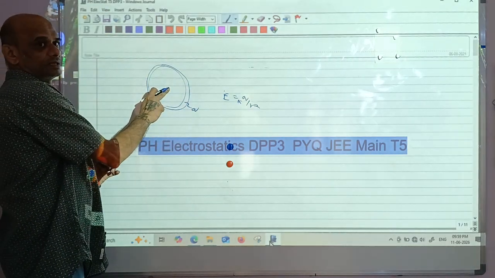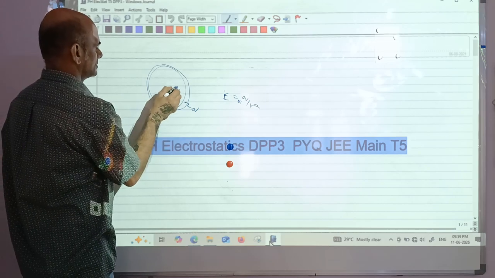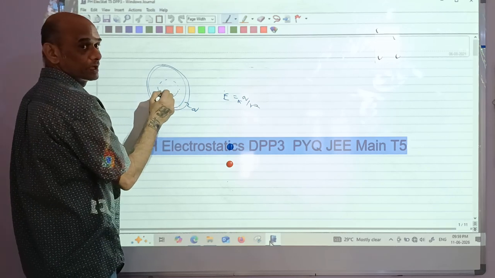Inside the electric field is 0. That is because I can take a Gaussian surface like this.